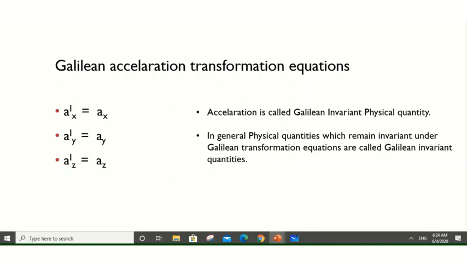So this acceleration remains invariant under Galilean transformation. So acceleration is called a Galilean invariant physical quantity. In general, any physical quantity which remains invariant under Galilean transformation equations is called a Galilean invariant quantity.